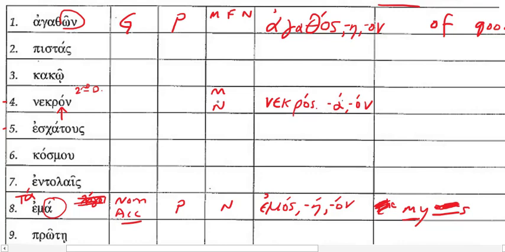Now, in this case, because there are different things based on the gender, we're going to want to just split our line here. Everything below the line applies to neuter, everything above the line applies to masculine. If this were a masculine adjective, what would be its case and number? Accusative and singular.